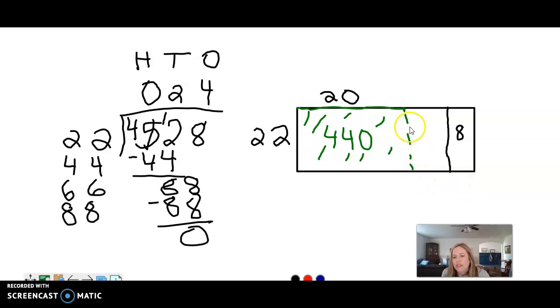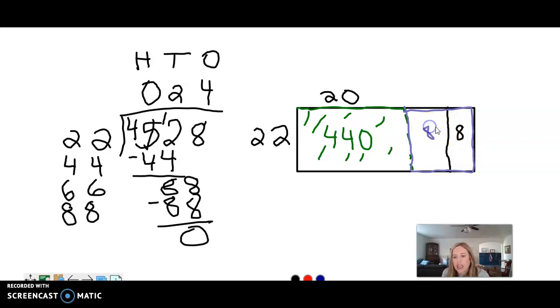Well, then what is left here? How much do we have left? Well, once we took away 440, we had 88 left. So all of this over here is 88. Well, what times 22 would be 88?